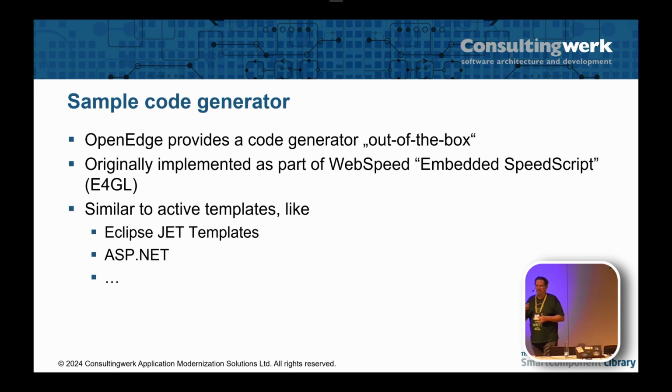With active template engines, the template is not just a text file that you copy. The text file contains instructions: conditions, if then else, loops, defined variables, stuff like that. So that's why we use that. If you look at the code of this code generator, well, it's 25-year-old WebSpeed code. It's not beautiful, but it works.